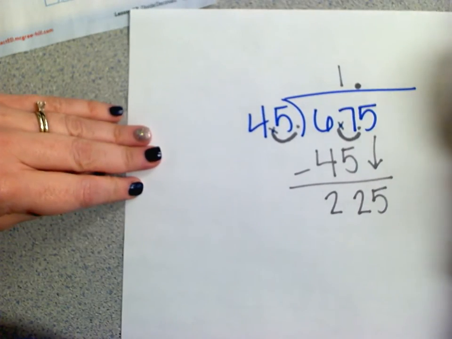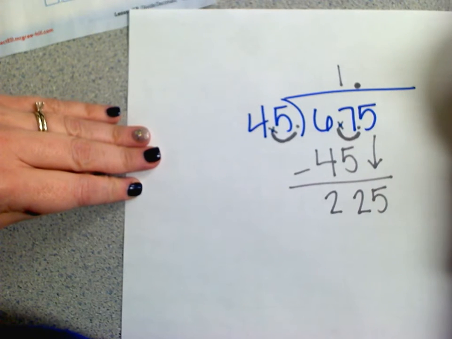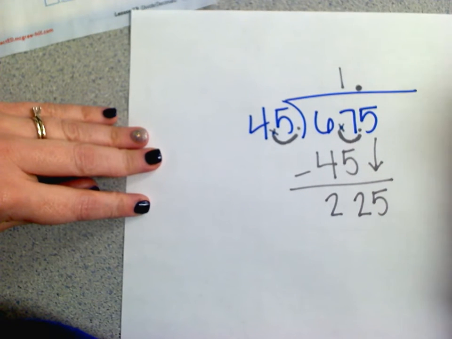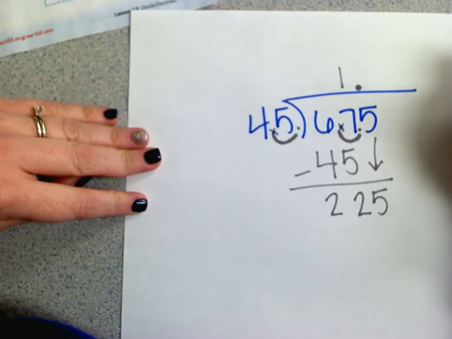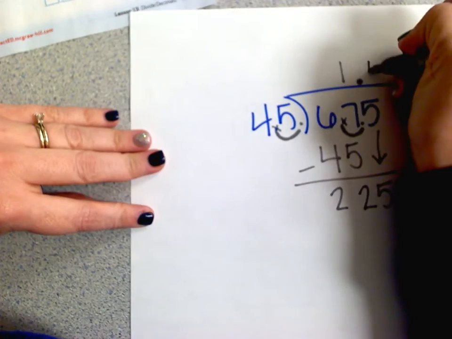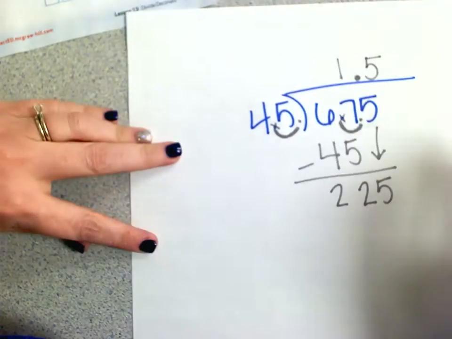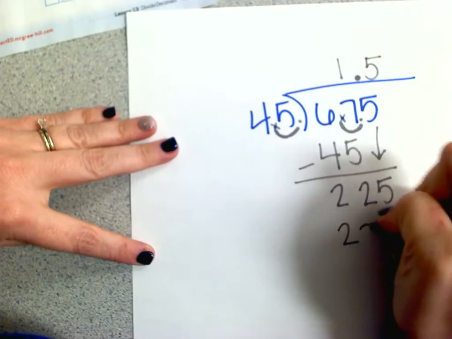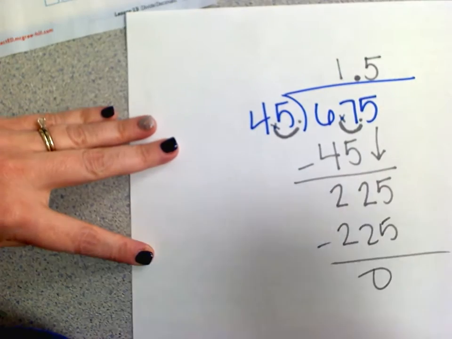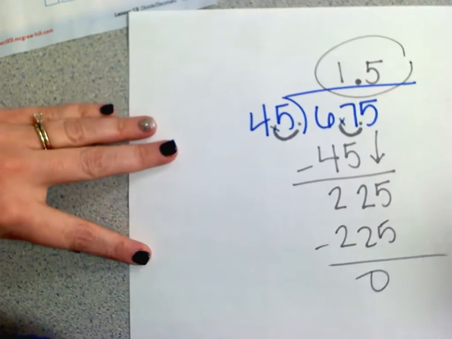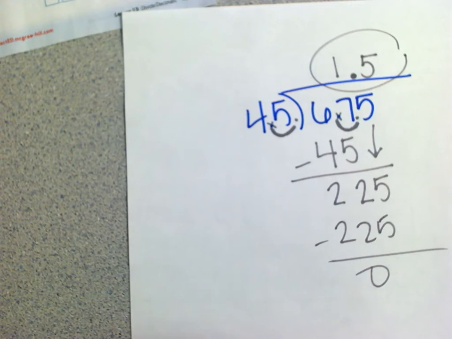Let's try 5. Four times 5 is 20, plus 2 is 22. Oh, perfect. So put that there. 5 times 45 is 225. No remainder, no need to annex a 0, nothing. Our quotient is 1 and 5/10.